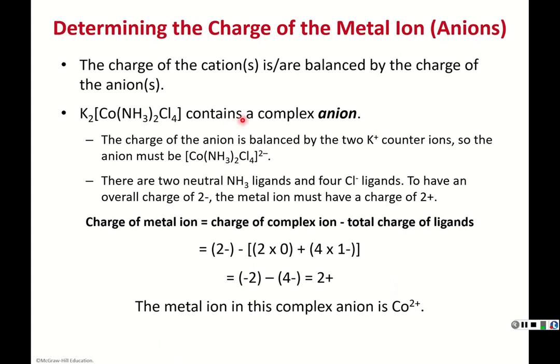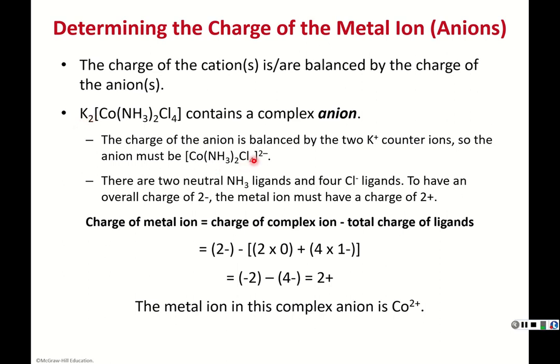In this case, this complex ion contains a complex anion. The cobalt is coordinated by 2 ammonias and 4 chlorides, and that gives an overall negative charge. So we have to balance that out with 2 positive charges from potassium.